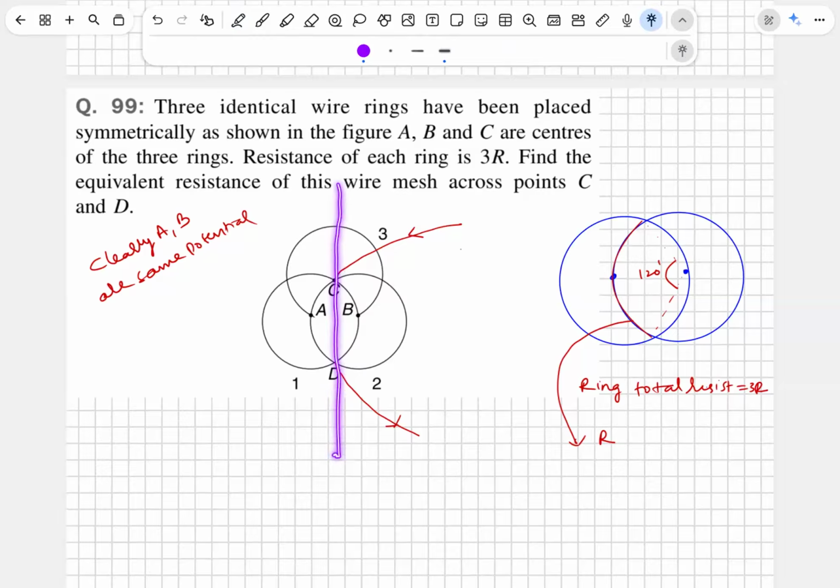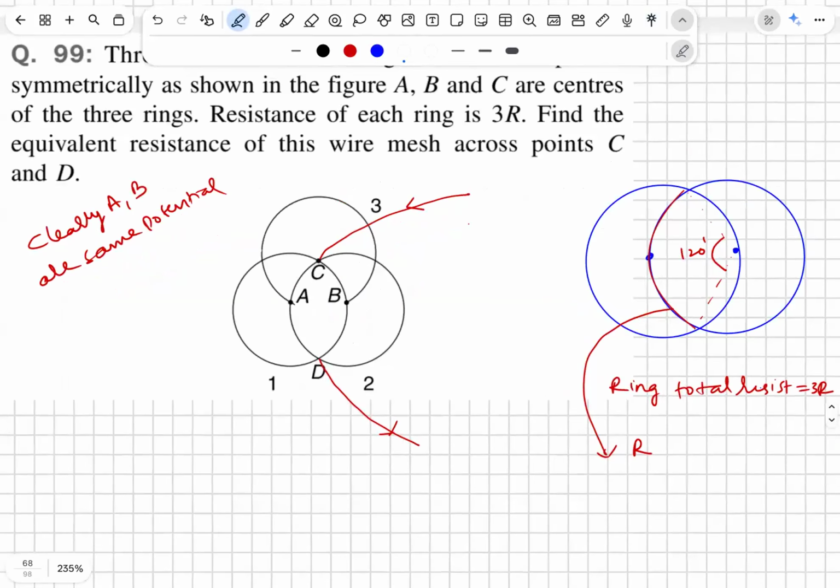When I am folding this one with this, oh, this is projected on that. This is one junction, this is another junction. Don't forget. Yes, they will also be same potential. Therefore, there is another thing which is getting shorted.